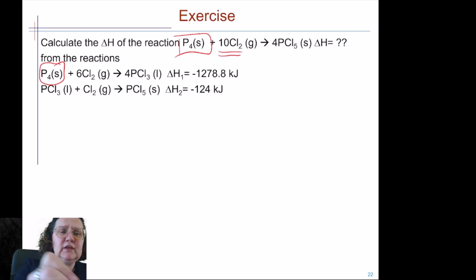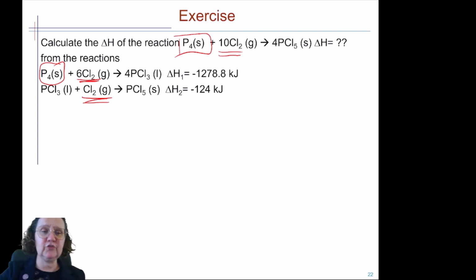And if I look here, I've got chlorine, 6 moles and in gas form, and 1 mole in the second equation, also Cl2 and in gas form, which doesn't add up to 10. So I need to do something so that the amount of chlorine adds up to 10, which is what I'm aiming for. But let's leave that for a second.